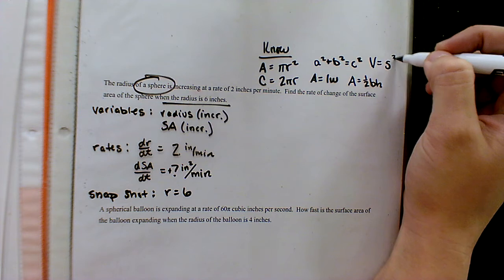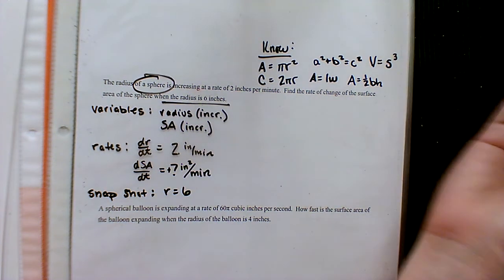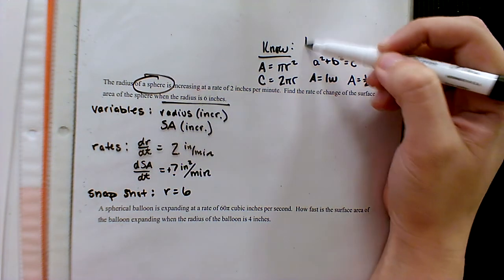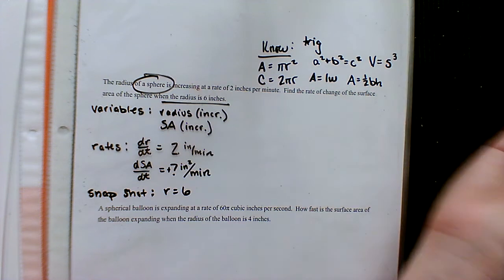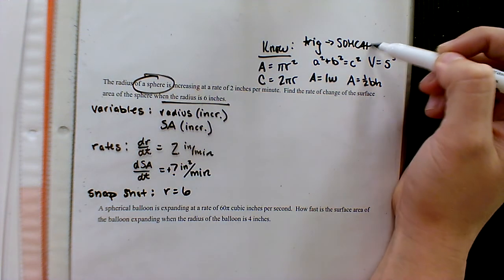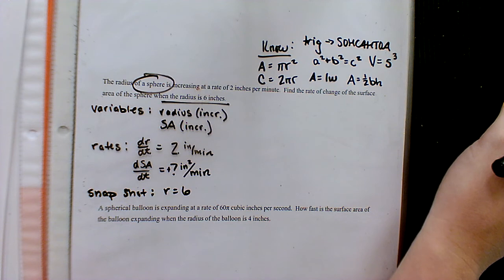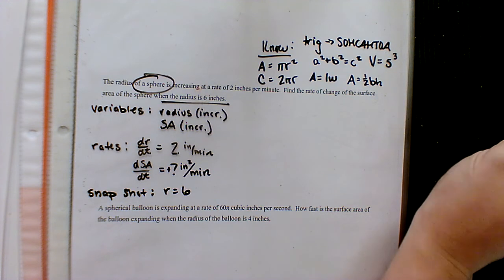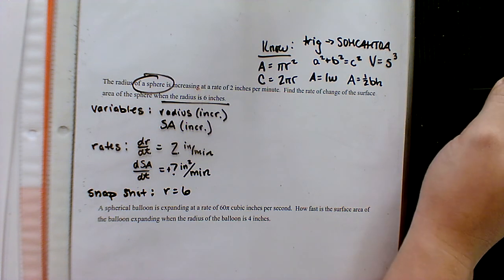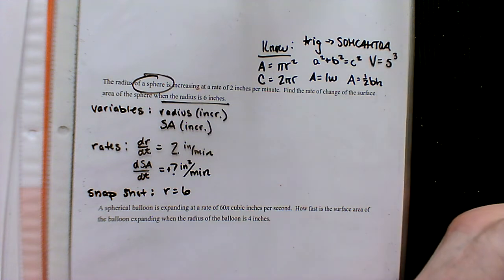The side length cubed. I'd say trig also, like sine, cosine, tangent ratios, SOHCAHTOA. I think we did a trig example yesterday, right? Yeah, we've got no trig. I'd say that's good. If it's anything other than these, they'll give you the equation.